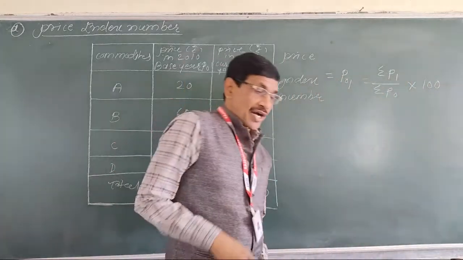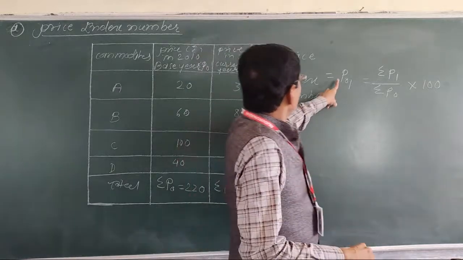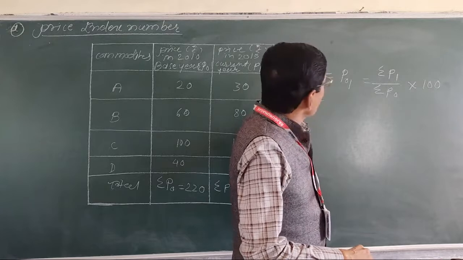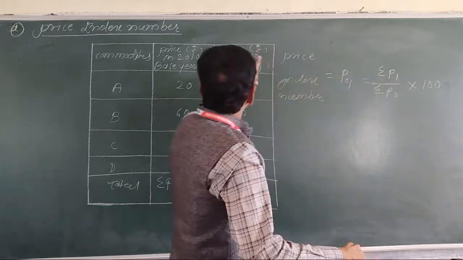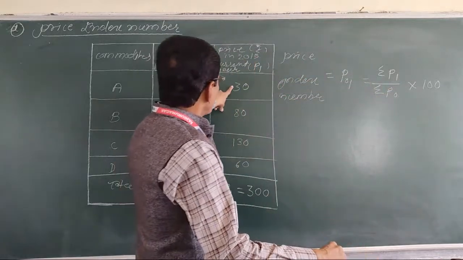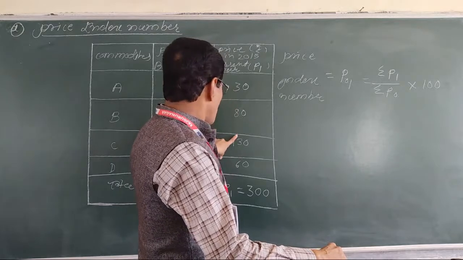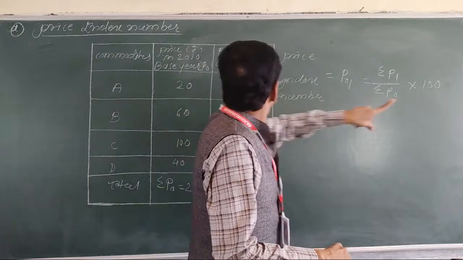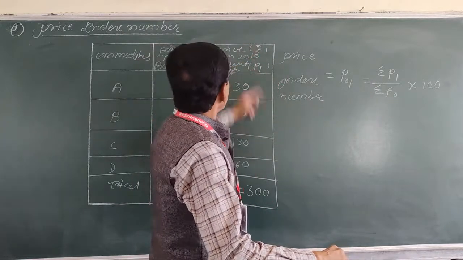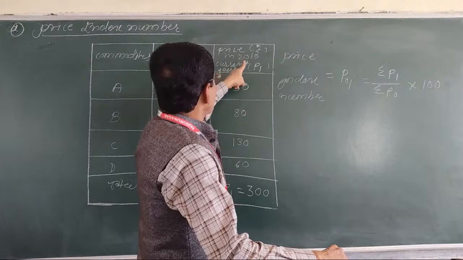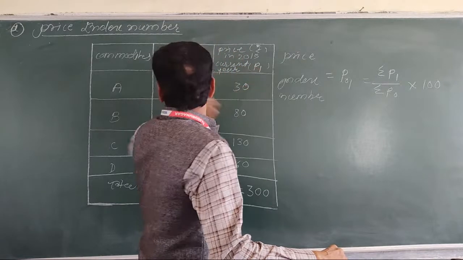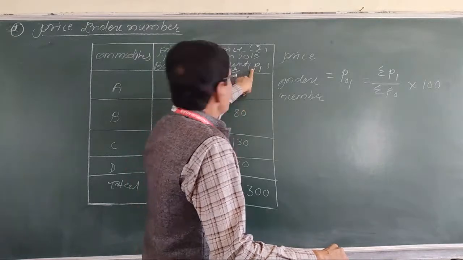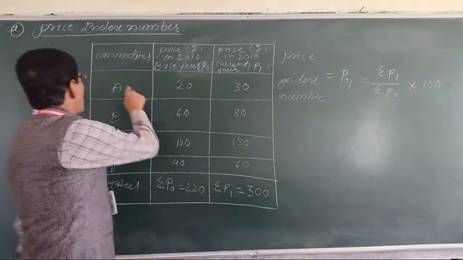Is that clear? So P01 indicates the price index number. Summation P1 is 30 plus 80 plus 130 plus 60, which is equal to 300. It means all the prices of the various commodities A, B, C, D in the current year.